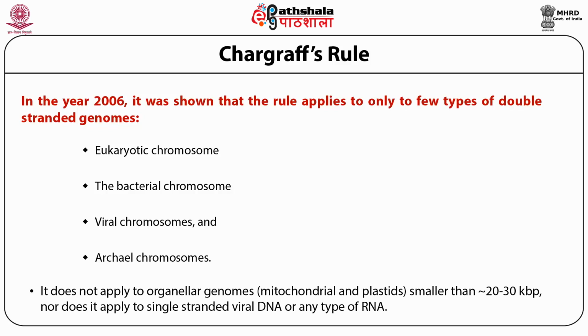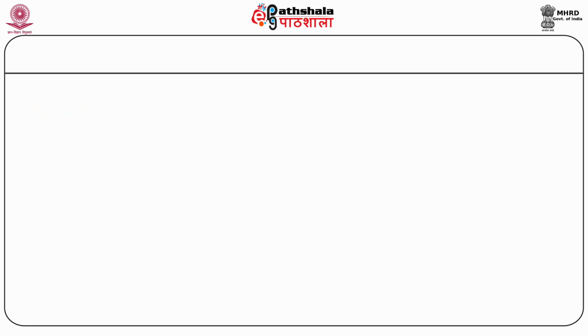It does not apply to organellar genomes such as mitochondrial or plasmid or plastid genome smaller than 30 kbp, nor does it apply to single-stranded viral DNA or any type of RNA.